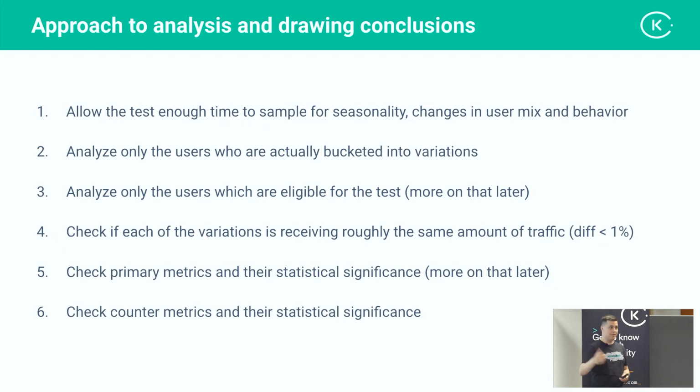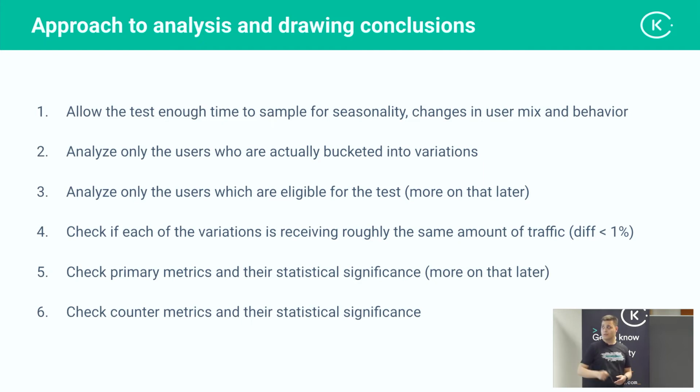So the tip is to run it for 1, 2, 3 weeks, any multiple of that, so you make sure that you don't conclude the test on a really low point, or even worse, on some peak where you're seeing a huge uplift in conversion, whereas over the weekend it might drop with another kind of user behavior coming in.